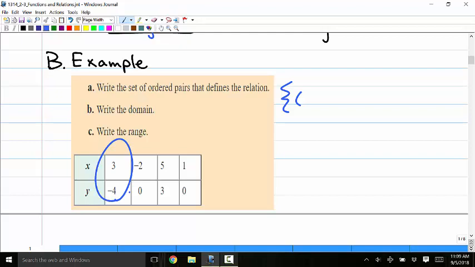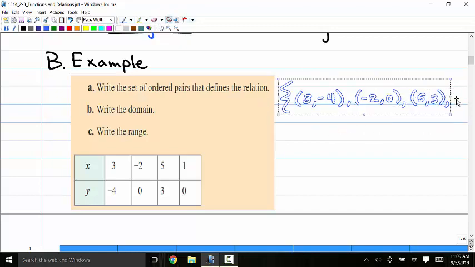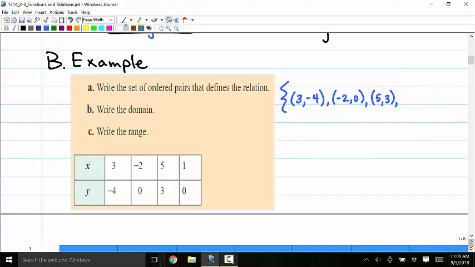And the y value is? -4. So the ordered pair 3, -4 needs to be in that set. Give me another ordered pair. -2, 0. There's 2 more ordered pairs. 5, 3, and 1, 0. And I've run out of room, so I'm going to squish it.